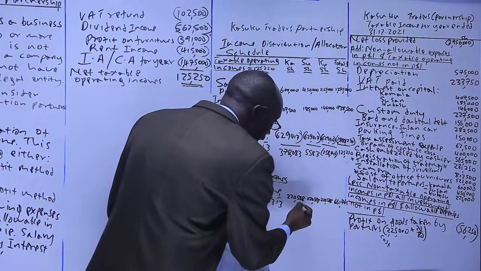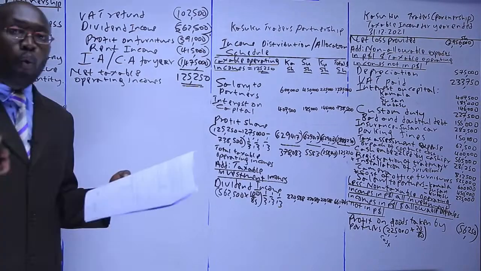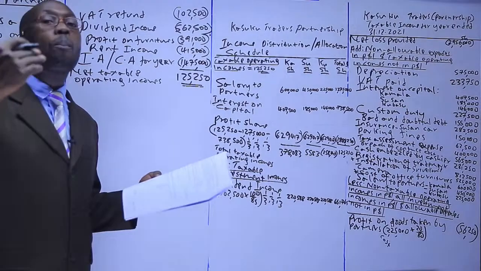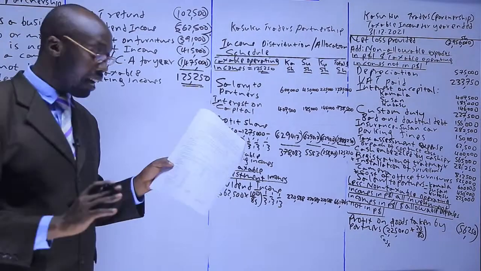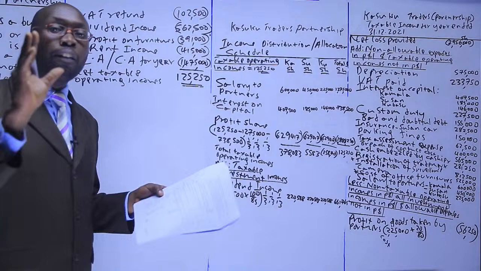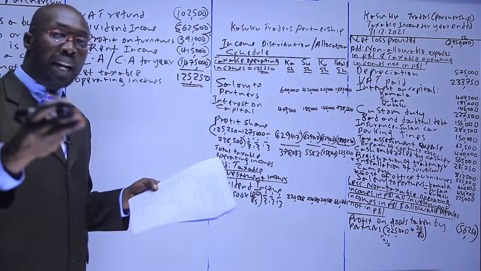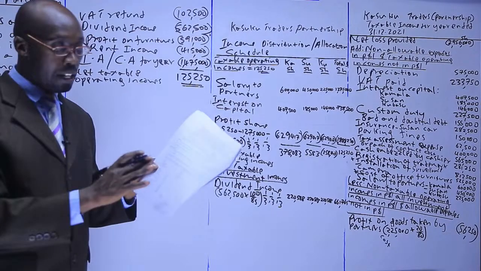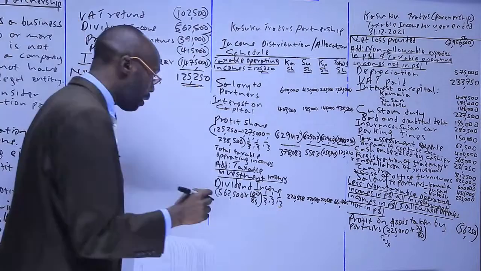The dividend, there is another investment income, rent. We said if you're not told where the rent is coming from, you assume it's a commercial rent, so that you tax it further. So here we have not been told. And then for the rent, you must minus the allowable expense relating to rent, repair, caretaker salary for the rental. But for this question, we haven't been told whether there were any expense relating to rent. So we distribute the way it is.